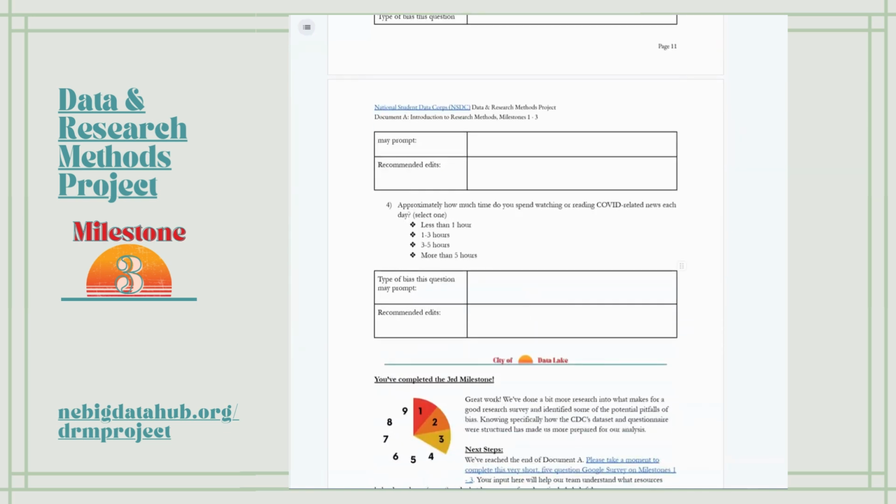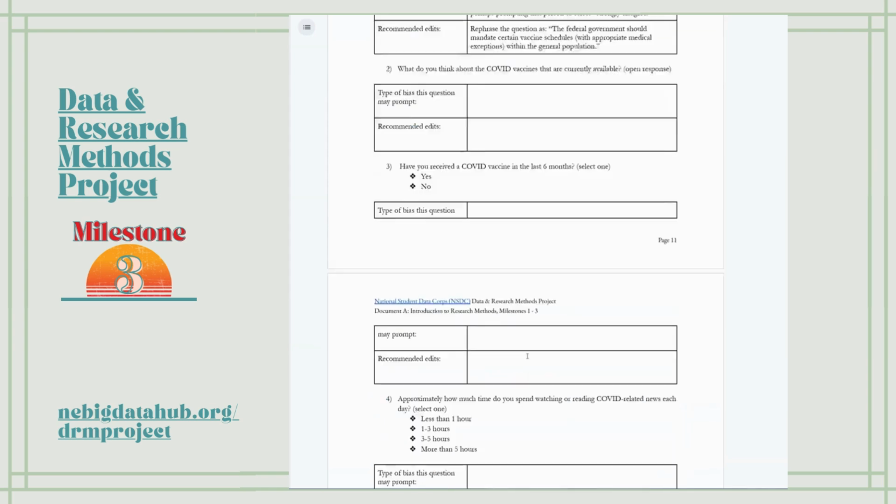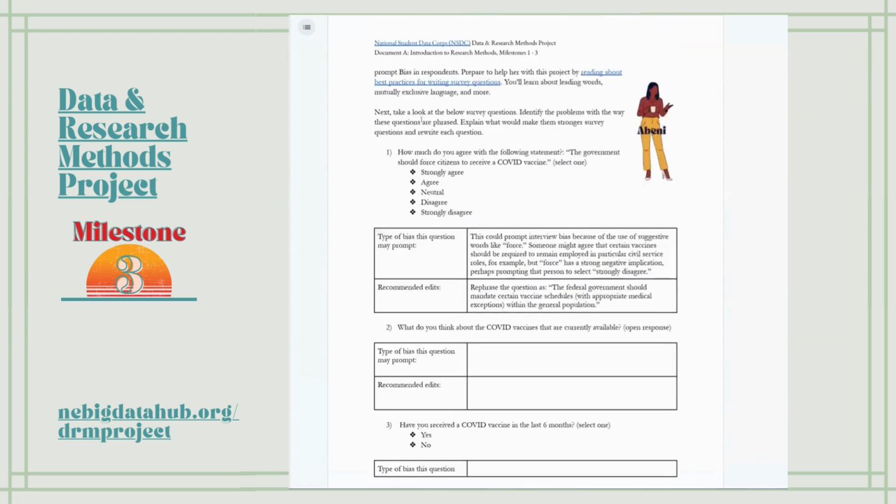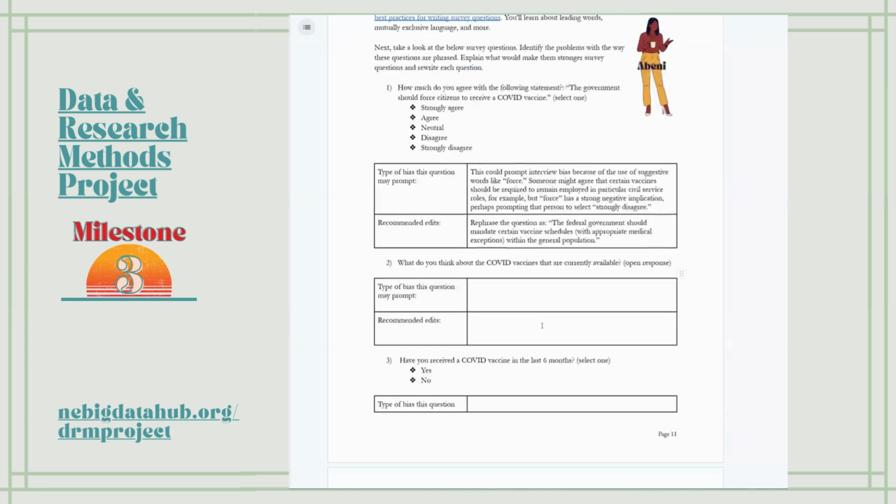So I'm going to pause the video again, come back when you're done learning about the best practices for designing a digital survey, and then you're going to go ahead and respond to the following questions, make suggestions for your colleague, if any. Your responses, of course, as you know, should note what type of bias is in the question's phrasing and include specific recommendations on what you think would make it stronger. So go ahead and work on that, and I'll see you in a bit.